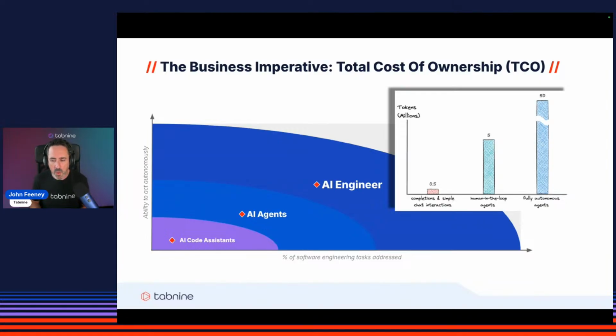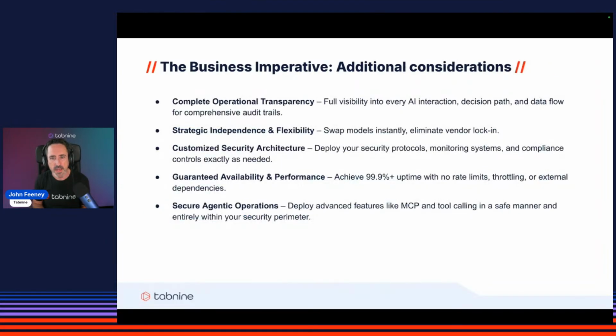But what we're seeing, and this is borne out as well by online studies and articles, is that the break-even point usually comes after about 11 months or so, give or take. It really depends on the size of your GPU cluster, the number of users, the type of work you're doing, but usually the return on investment can come in about the first year or so. So cost is an important consideration as well, and another reason why some enterprises are going to air-gapped and on-premise.